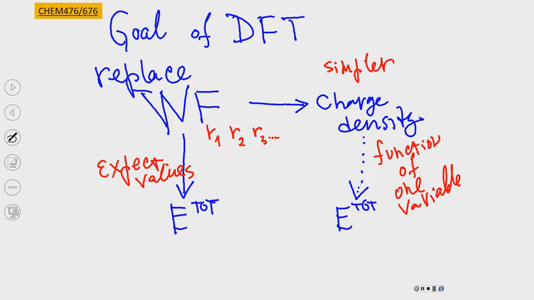Until now, we were targeting the Schrödinger equation for the multi-electron wave function as this inside object. And then we split it into orbitals that are fed into a Slater determinant and so on.